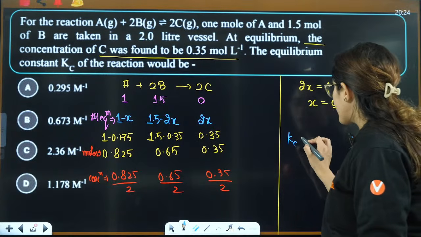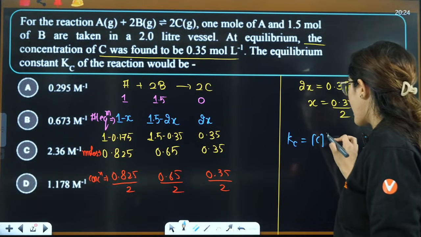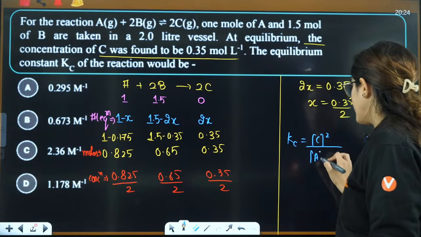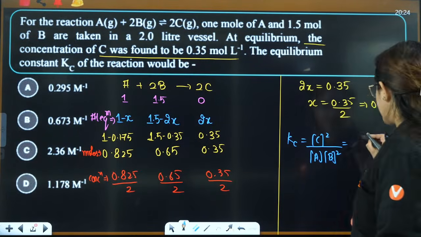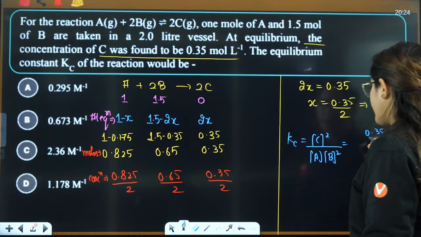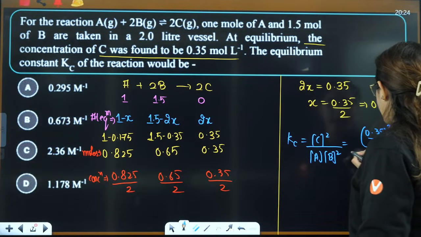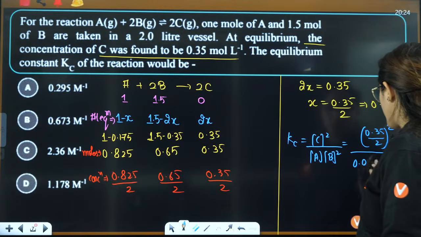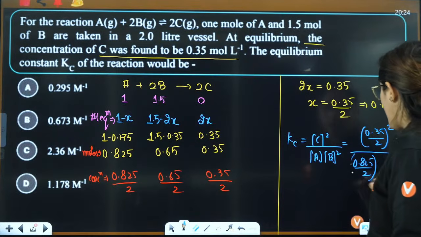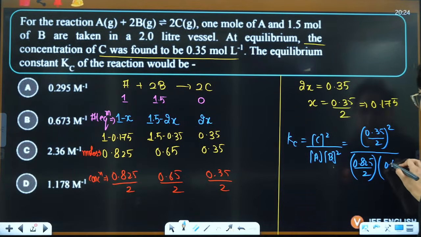So the value of Kc will be C square divided by A into B square. C is nothing but 0.35 by 2 whole square, and A is 0.825 by 2, and B is 0.65 by 2 whole square.